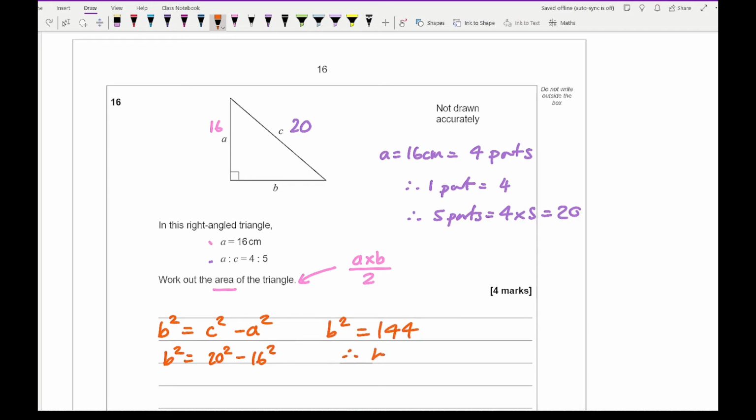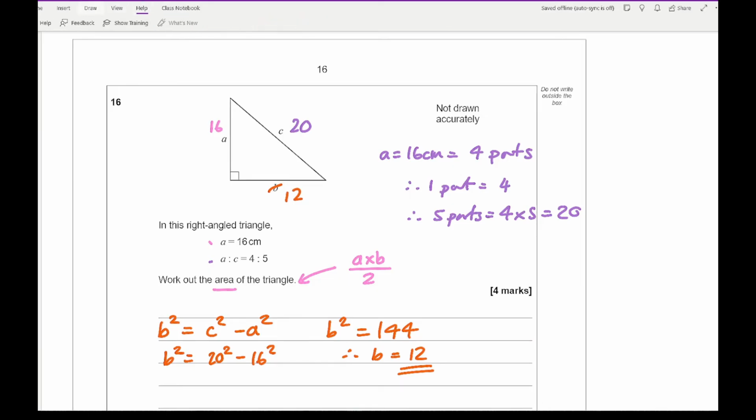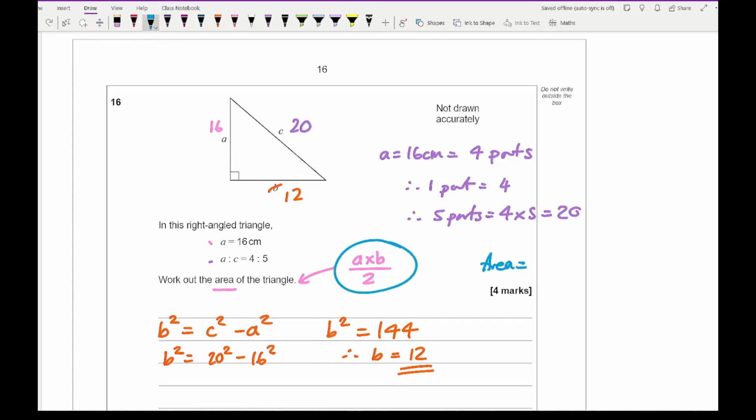So therefore B equals 12. And so to work out the area, using this formula here, it's going to be A, which is 16, times B, which is 12, divided by 2. So 16 times 12 divided by 2 gives me an answer of 96 centimetres squared.